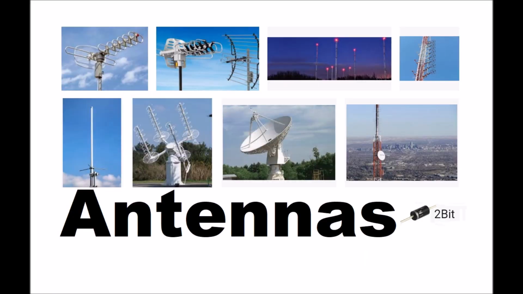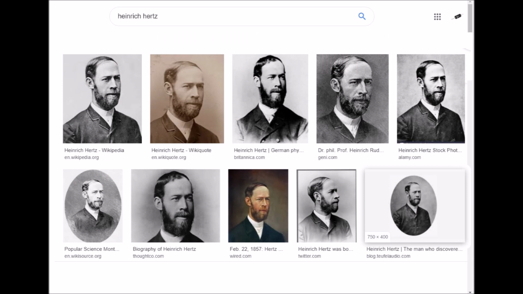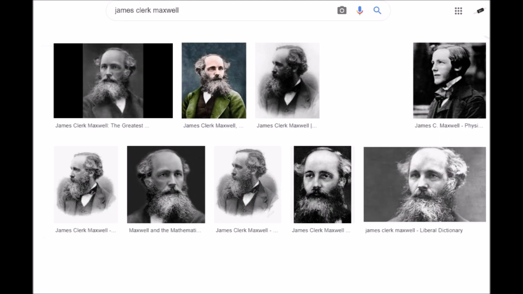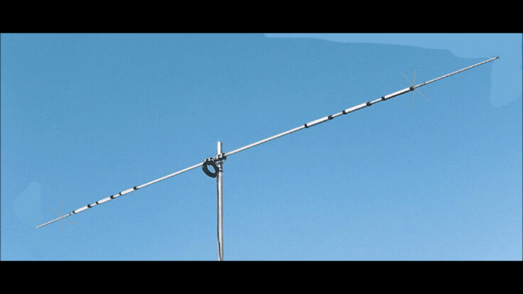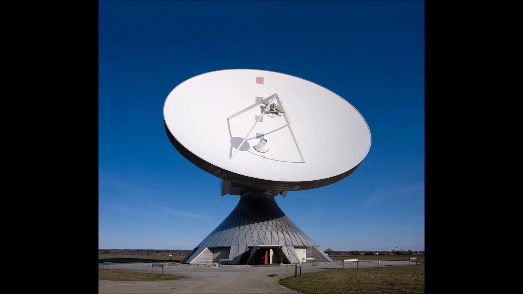The first antennas were built in 1888 by German physicist Heinrich Hertz in his pioneering experiments to prove the existence of waves predicted by the electromagnetic theory of James Clerk Maxwell. Hertz placed dipole antennas at the focal point of parabolic reflectors for both transmitting and receiving.